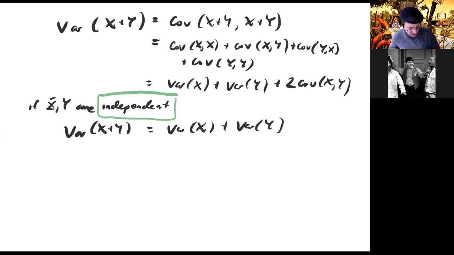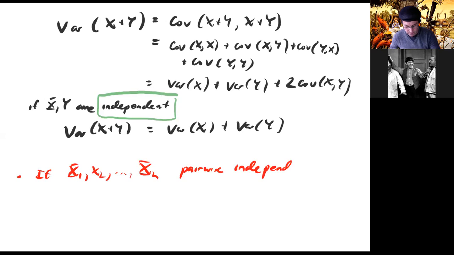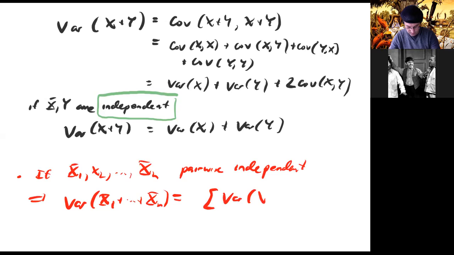Well, more generally, if x1, x2, up to xn are a sequence of n random variables and they are pairwise independent, then the variance of x1 plus all the way up to xn is equal to the sum of the variances. So that's an extension of what I just did before with two of these.